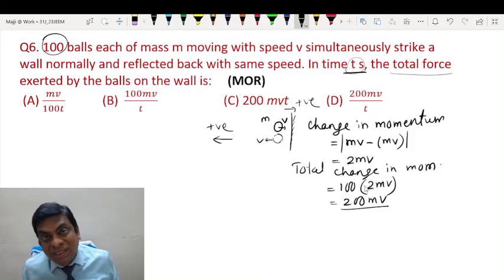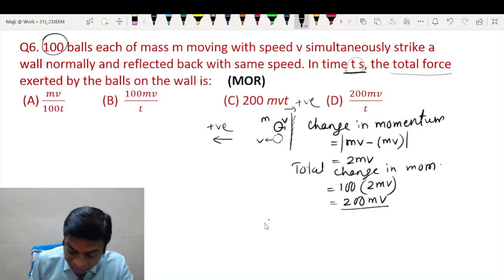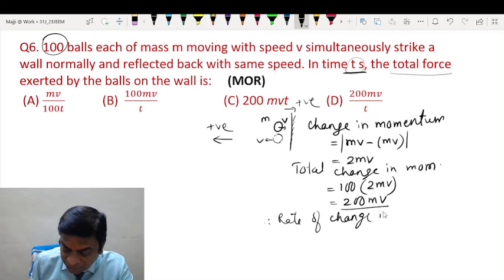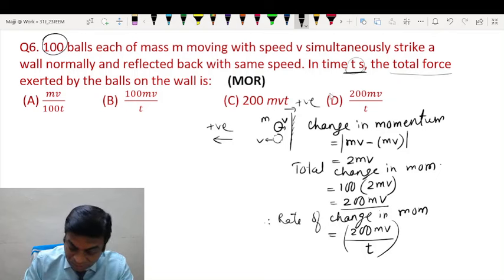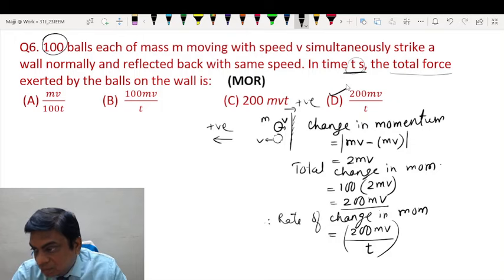Change in momentum in 1 second is known as rate of change of momentum. So therefore, rate of change of momentum will be equal to the change in momentum, which is 200 mv, divided by t, and this is equal to force in SI units as per Newton's second law. So the correct option is option D.